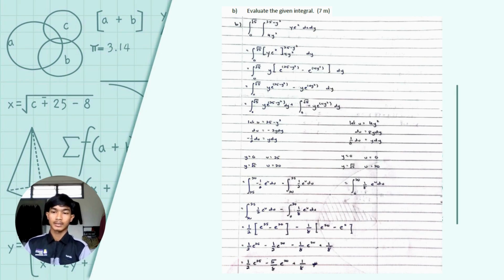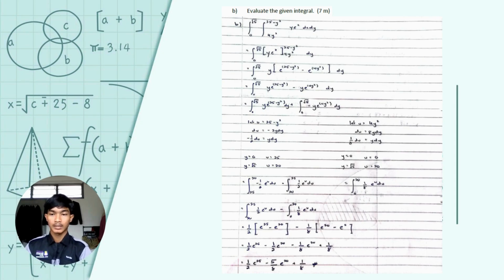The integral of y e to the power of z with respect to z is y e to the power of z. Substituting the upper and lower limits of z results in the expression y times (e to the power of 25 minus y squared, minus e to the power of 4y squared). This expression is then integrated with respect to y over the interval from 0 to 5. The integral is split into two separate integrals to simplify the calculation.